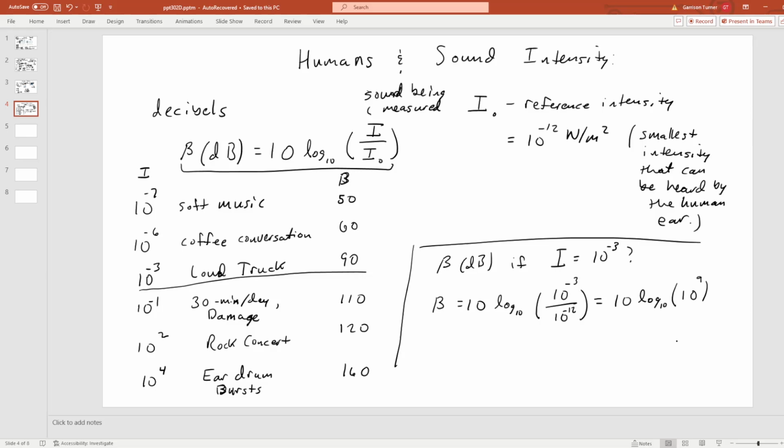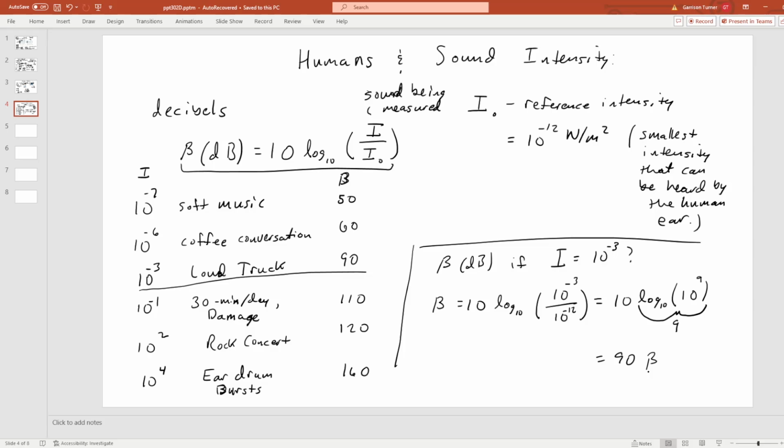And let's confirm. Sure enough. And so then 9 times 10 equals 90 decibels. So that is a quick example of using the decibel scale.